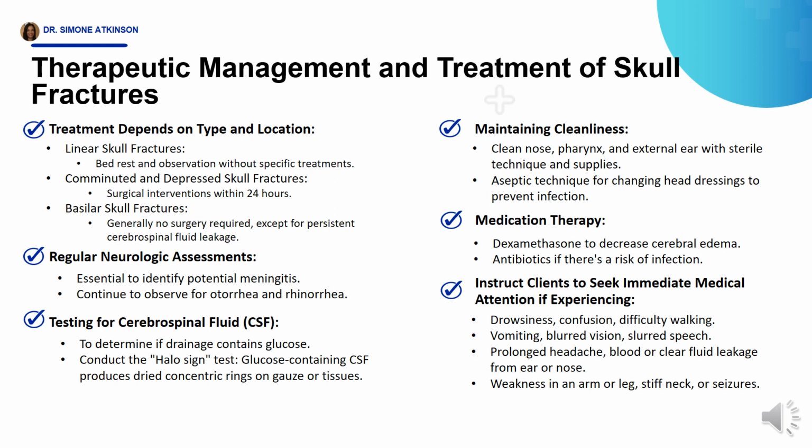Now, the nurse should watch for the halo sign, which is bloody drainage that indicates glucose-containing cerebrospinal fluid. This sign can be seen as dried concentric rings on gauze or tissues.